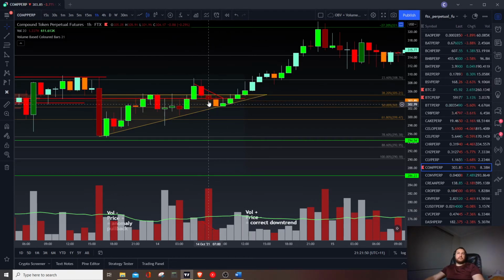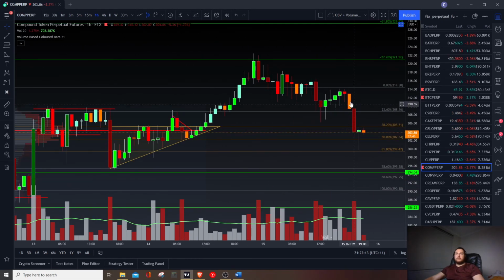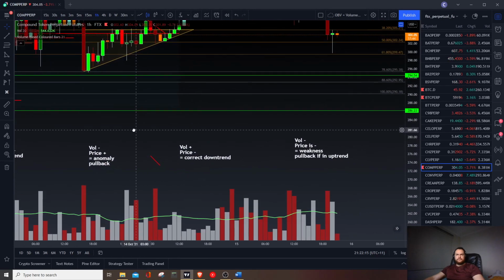So buyers clearly were in here, really trying to break out of this ascending triangle. So they've loaded up while sellers have tried to really push it down. Otherwise, in a perfect world, it'd just be descending volume, descending candles, descending volume, and then push up like that.